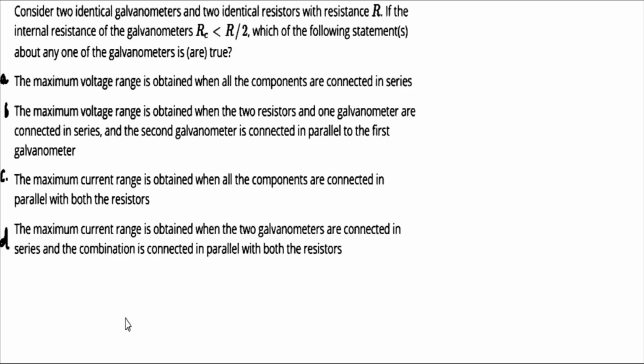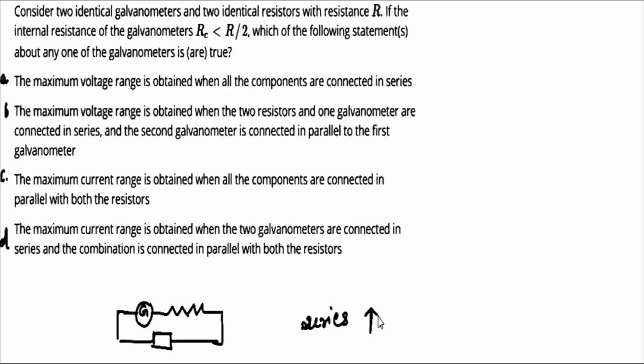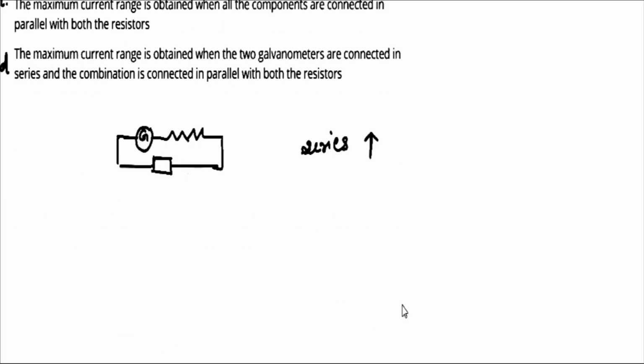For conversion to a voltmeter, the galvanometer is connected with a resistor in series. So a galvanometer can be converted into a voltmeter or an ammeter. For the conversion to a voltmeter, the resistance should be connected in series. What happens when a resistor is connected in series? The resistance increases and we get the maximum voltage.